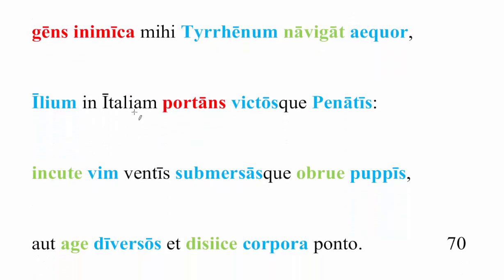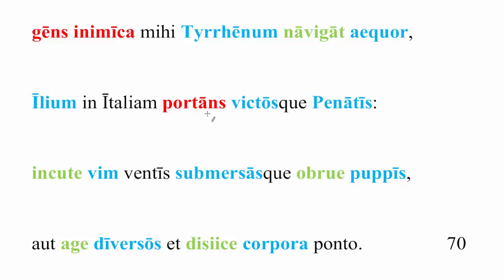And then Juno continues, gens inimica mihi, a race that is, we would say, hateful to me. Not hostile, but hateful. This is the negative form of amicus. All right, so not a friend, an unfriendly race to me. Navigat is sailing. We see quite simple, the Tyrrhenum aequor, the Tyrrhenian sea.